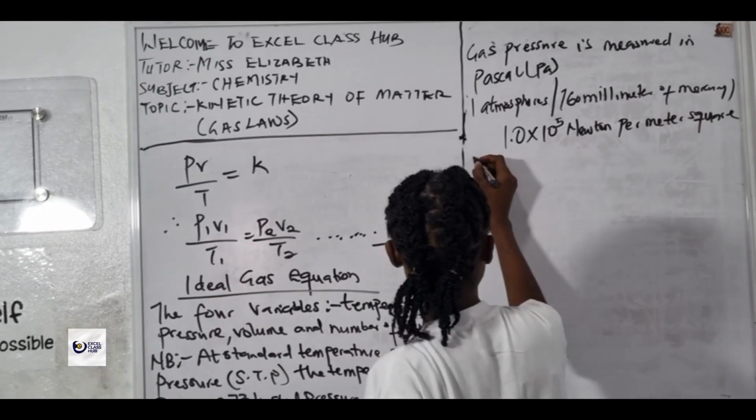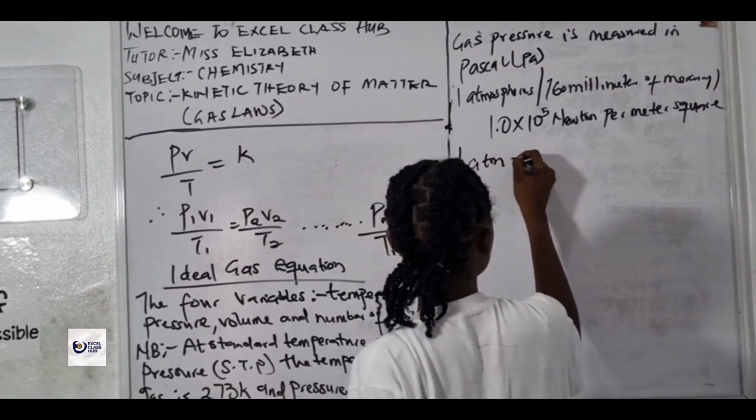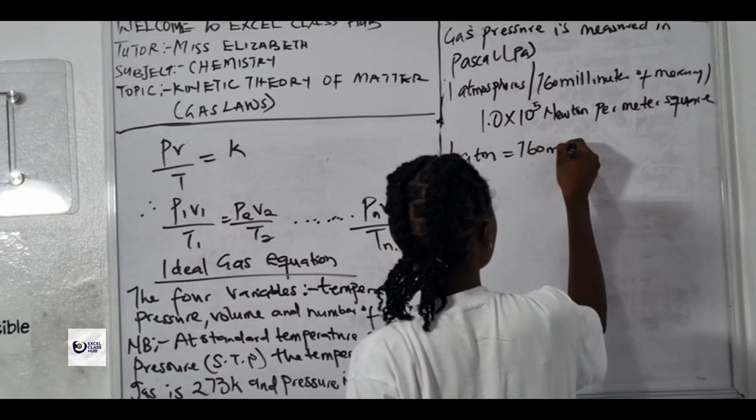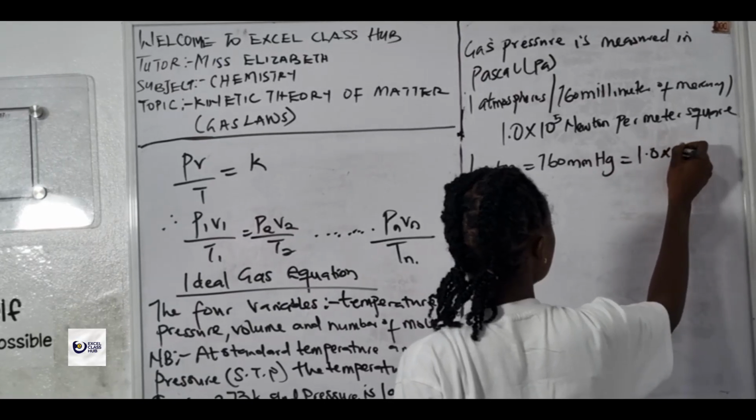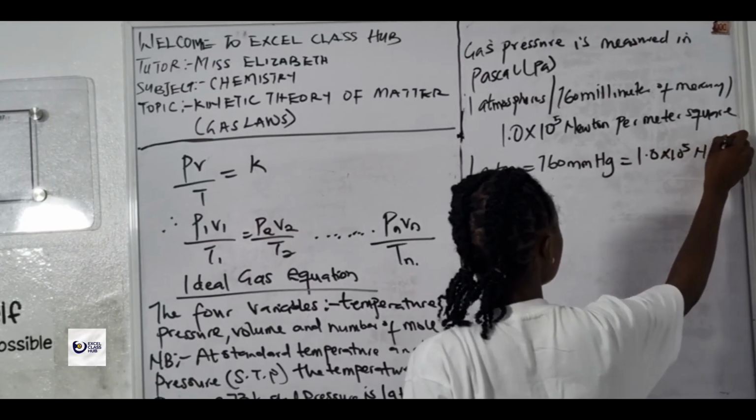Invariably, we can also write this as 1 atm is equal to 760 millimeter mercury, also equal to 1.0 times 10 raised to the power 5 Newton per meter square.